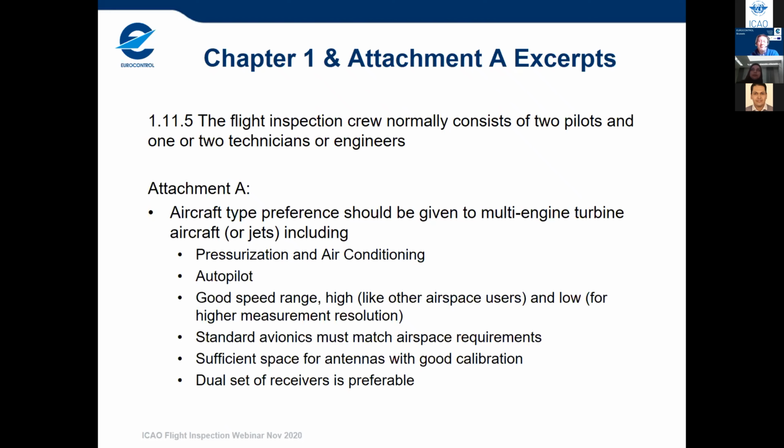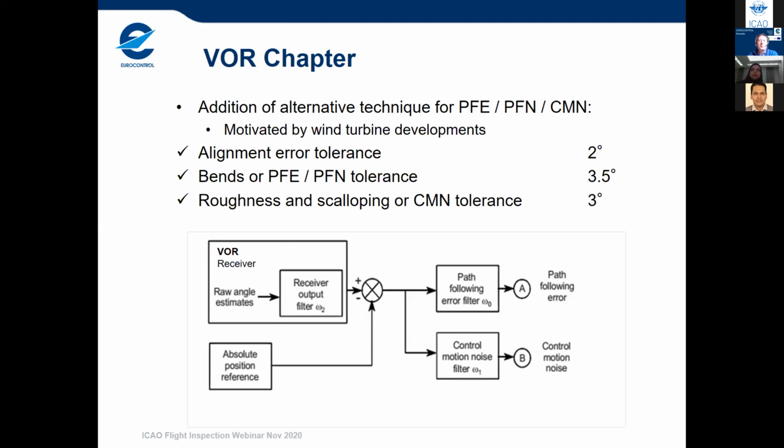One of the key challenges today, as people look towards more and more flight efficient aircraft, is to have sufficient space for the antennas with good calibration, because achieving good measurement results to a large extent depends on the antenna. And often a dual set of receivers would be quite preferable.